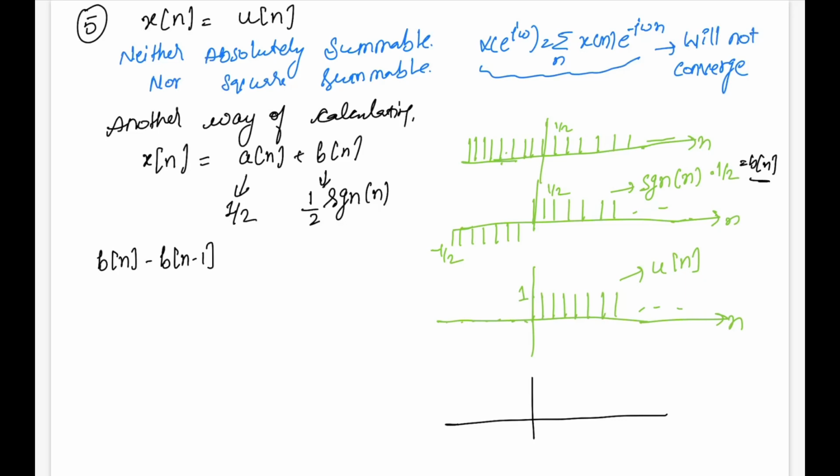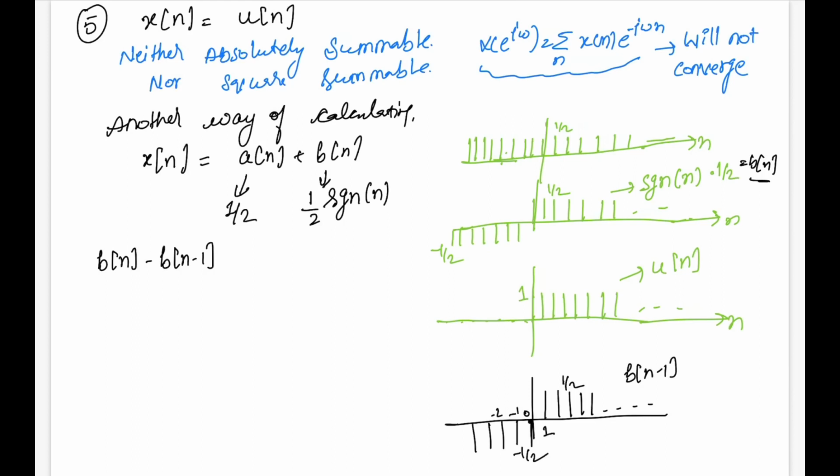So the first instance of plus half will shift to 1 and so on. And there is a minus half at minus 1 which will shift to 0 now, and it will be like this. This is 0, minus 1, minus 2 and so on. So this is our minus half, this is plus half. Okay, this is our b[n minus 1].